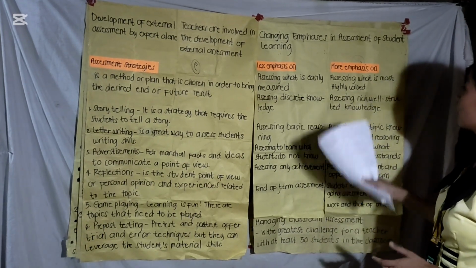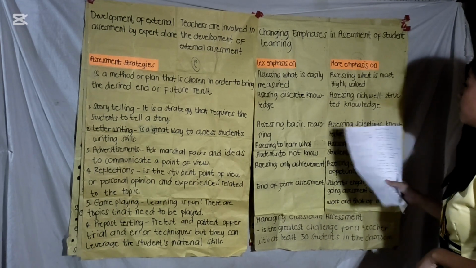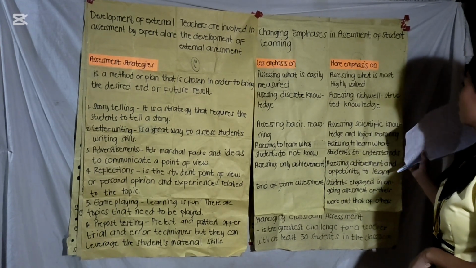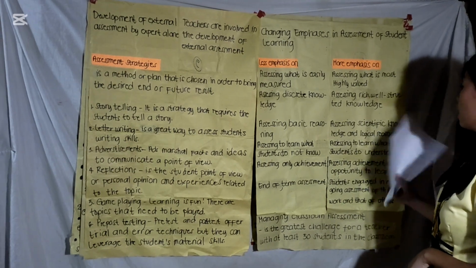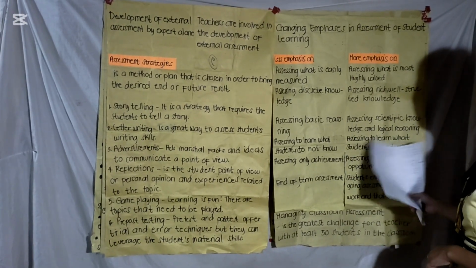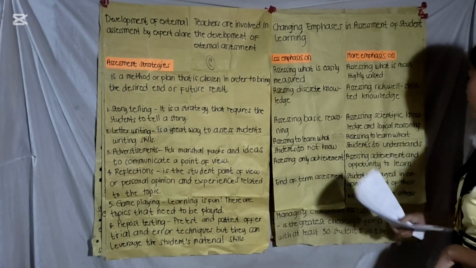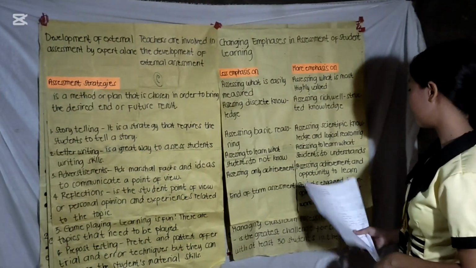More emphasis on assessing what is most highly valued, assessing rituals, structured knowledge, assessing scientific knowledge, and logical reasoning, assessing to learn what students do understand, and assessing achievements and opportunity to learn.